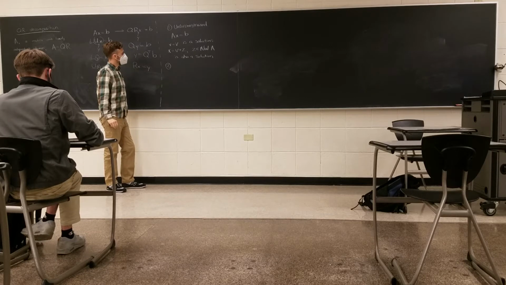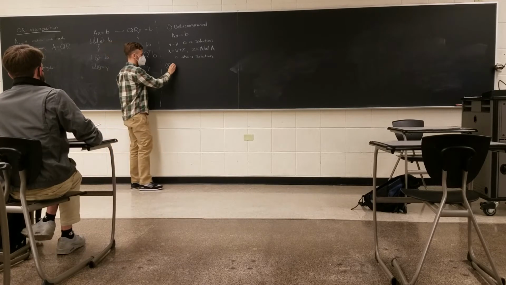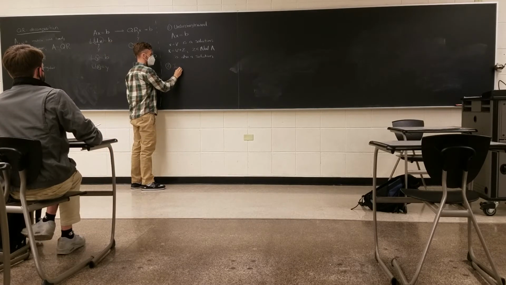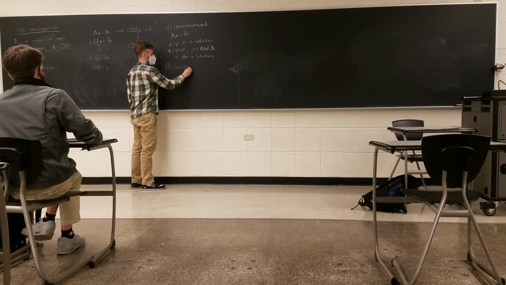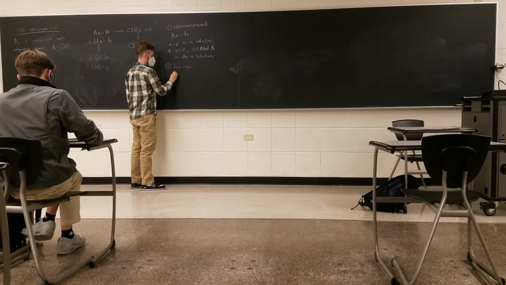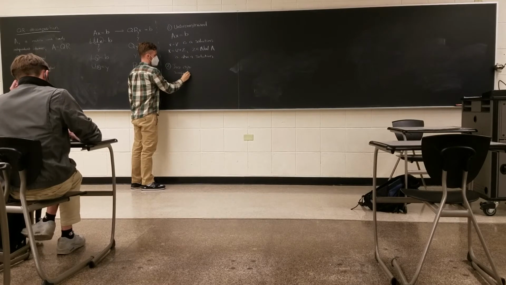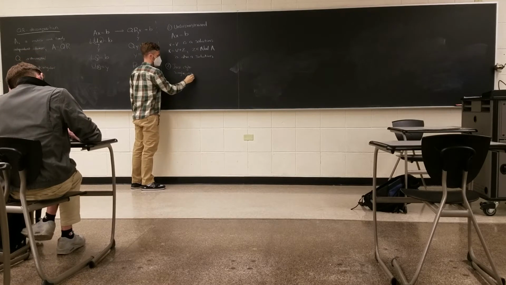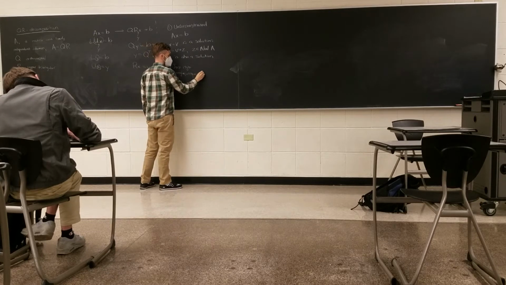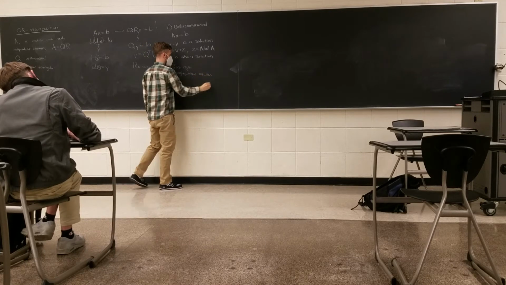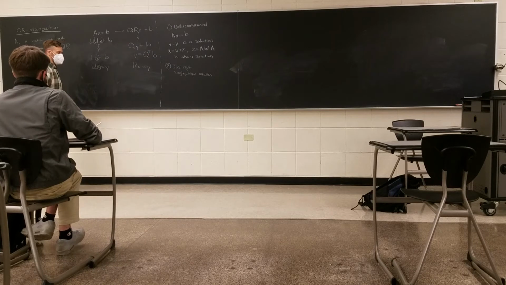Okay, then there's, what should I call this? I'll call this the Goldilocks. This is just right. There's a single unique solution. I think there were technical terms that we used for these, but I'm not going to worry about that. We're just talking about the three situations.